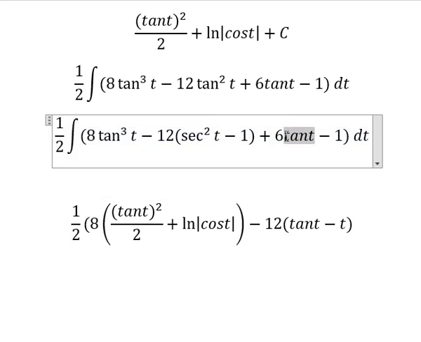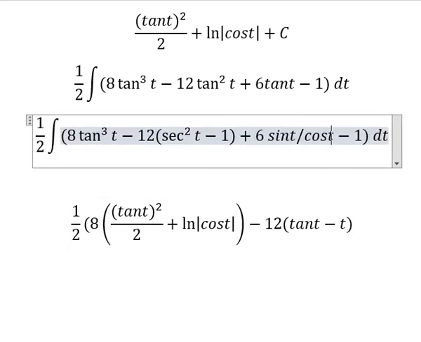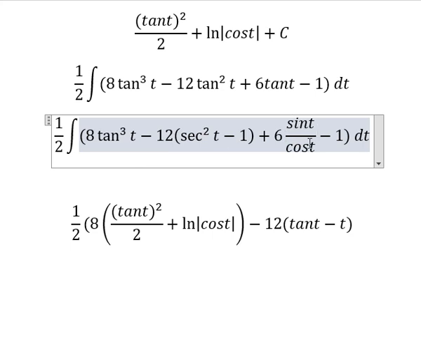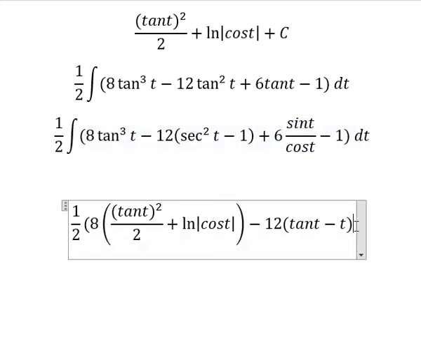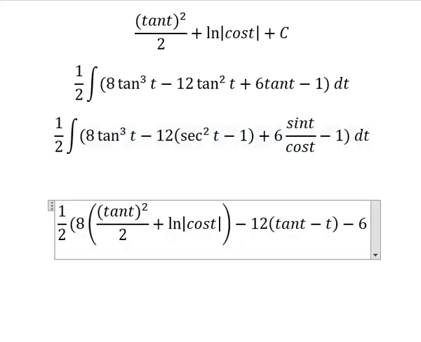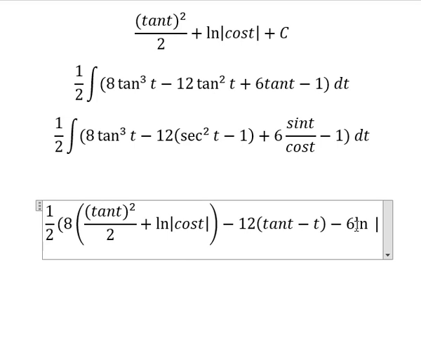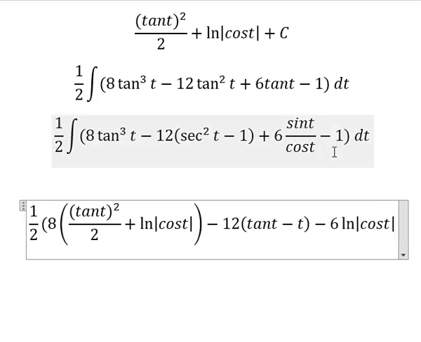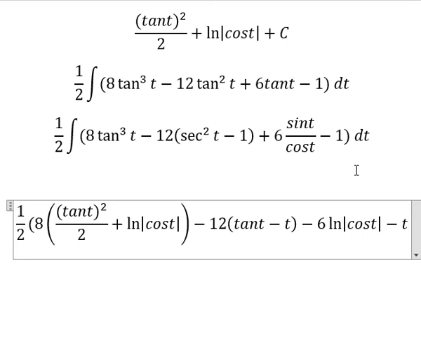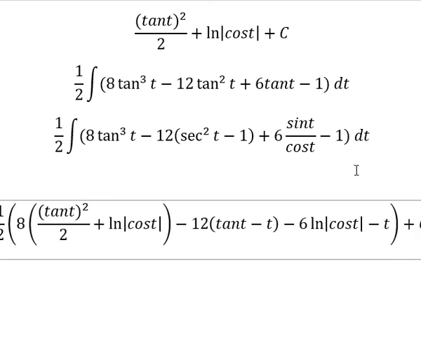About this one, that is sin t over cosine t. The integration of this one, we have negative 6 ln of the absolute value of cosine t. The integration of number 1, you got t. And then we put c.